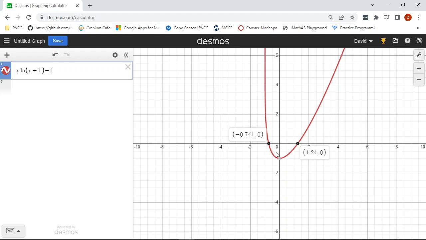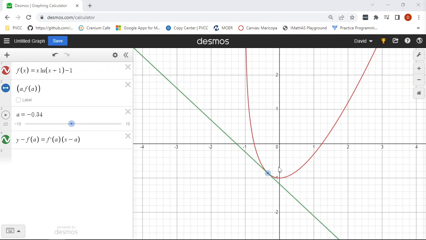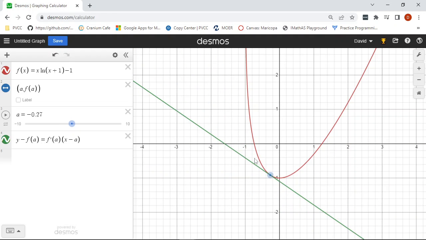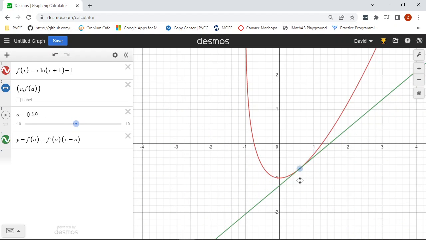Now, what I want you to imagine is a tangent line. With movie making magic, we now have one, we draw a tangent line to the curve. Remember, the x-intercept of the tangent line is going to become the new guess that we use in Newton's method.